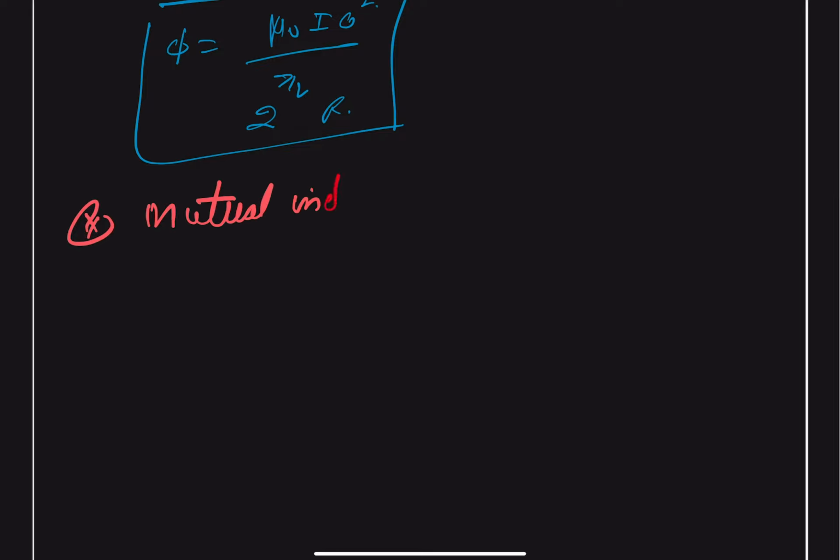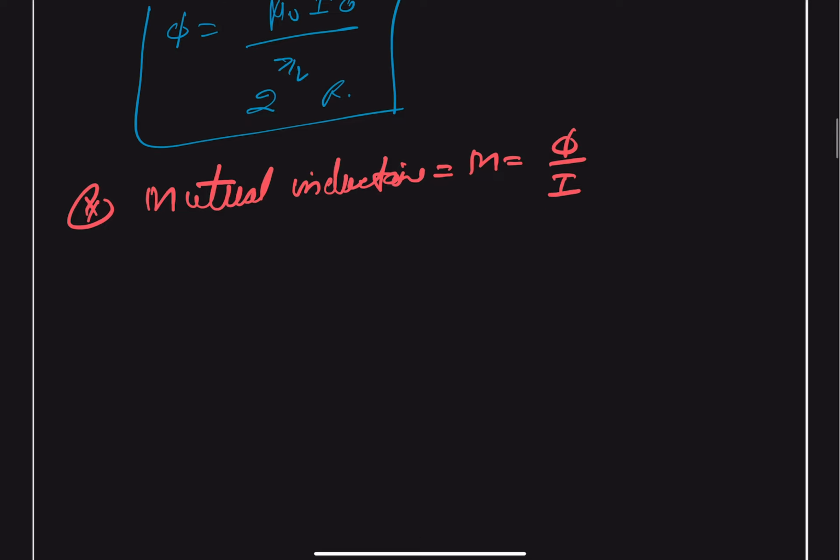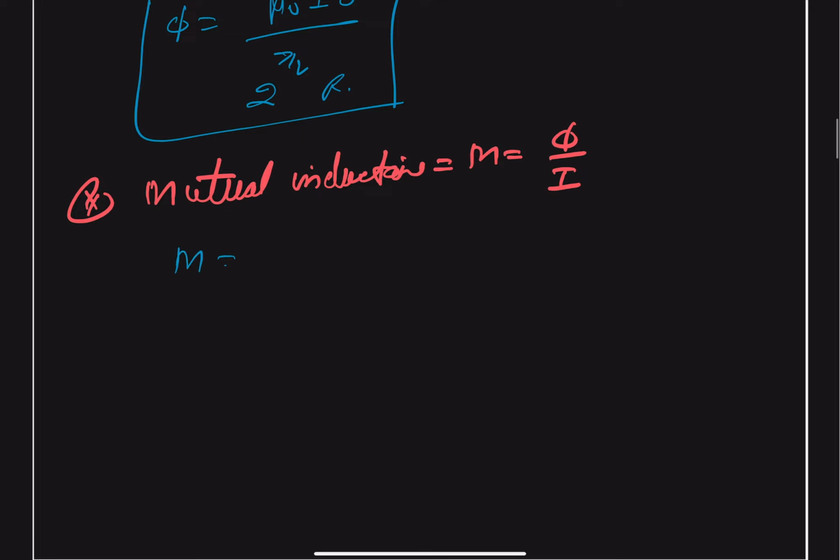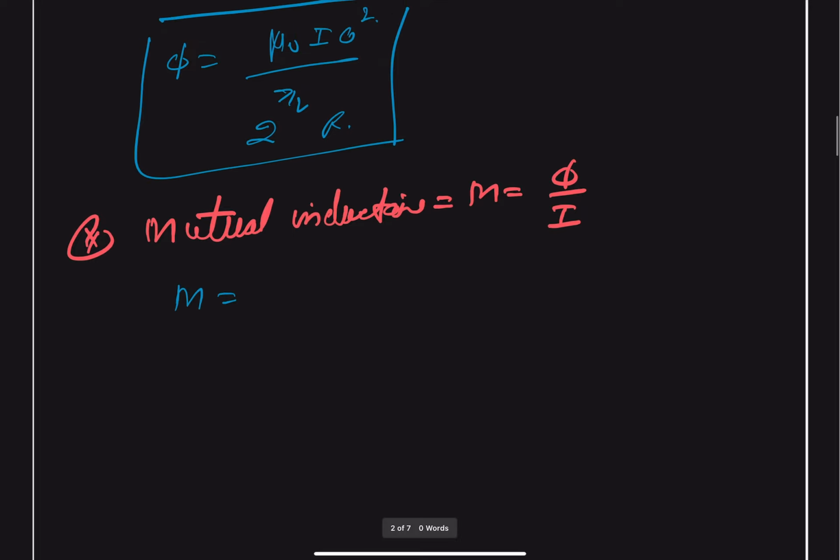Mutual inductance, which is our capital M, is equal to flux associated divided by current, which is I, and therefore our mutual inductance M will be equal to phi upon I. So this comes as mu naught A square divided by 2 raised to 7 by 2, and we have R.